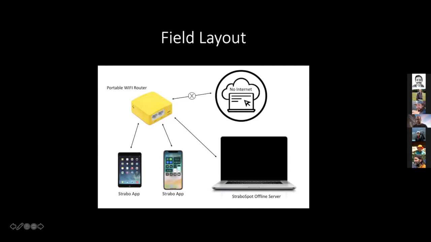The Strabo offline server would just be a laptop running that Docker image that's available at strabospot.org. As you can see, there's no internet required. Everything is run locally on the laptop. So even without internet, you can use the Strabo mobile app to back up your data, create imagery, download tiles, that sort of thing.